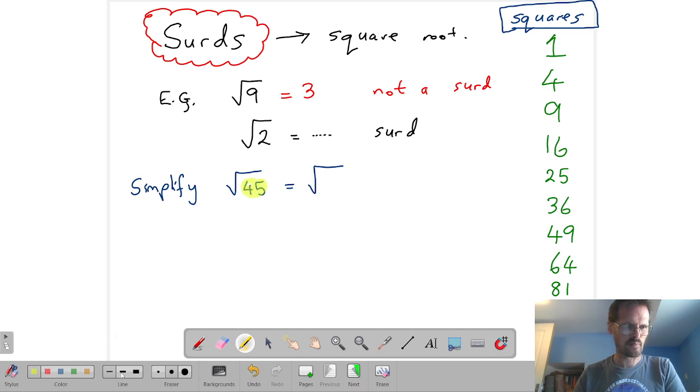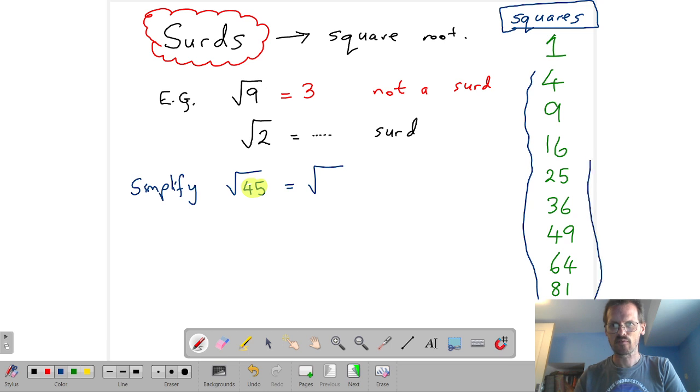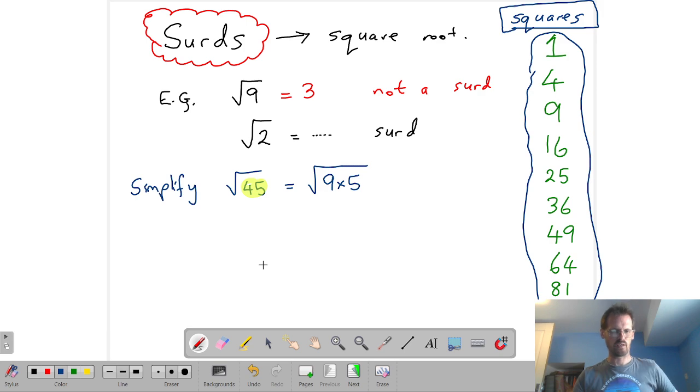Now, can you think of two numbers that times together to give you 45? And one of them has to be in this list here. If it's not in that list, it's no use to us. Now, 45 obviously is 9 times 5, isn't it? So the square root of 45 is the square root of 9 times 5.